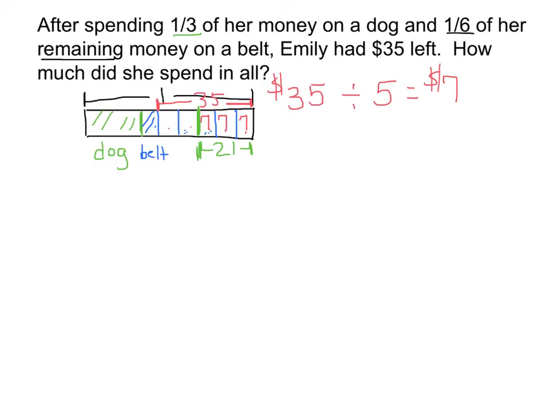So if I know 1/3 represents $21, and I also know that it takes 1, 2, 3/3 to make the whole, then I just have to say 3 times $21. 3 groups of those $21 would give me the total amount of money that Emily had.